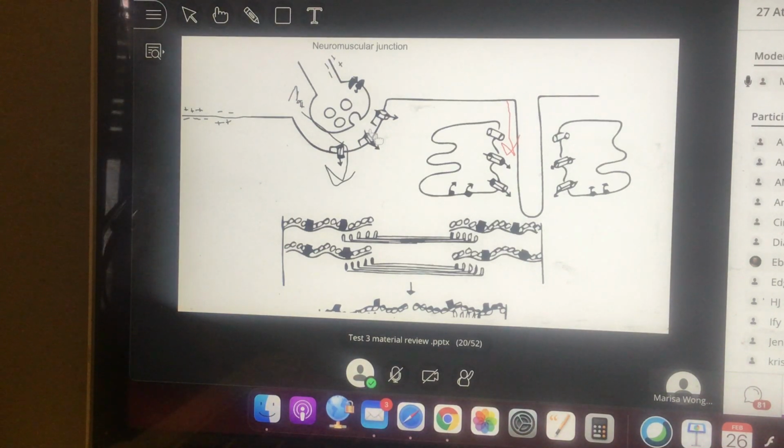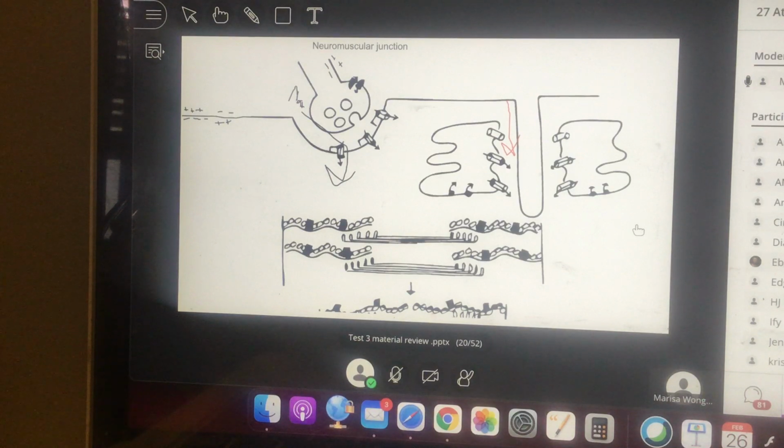But it's not directly tied together. No. The acetylcholine causes an action potential in the muscle cell, which causes calcium to be released, which is the thing that actually causes the contraction, because the calcium has to bind to the troponin, and that's what causes the actual contraction to start. Okay.